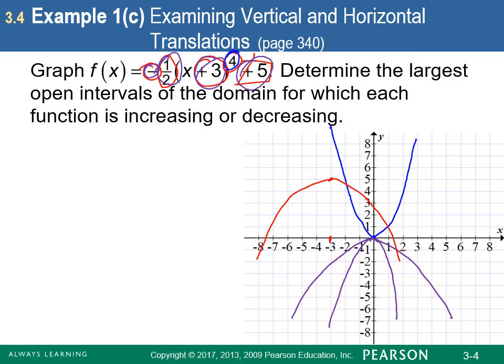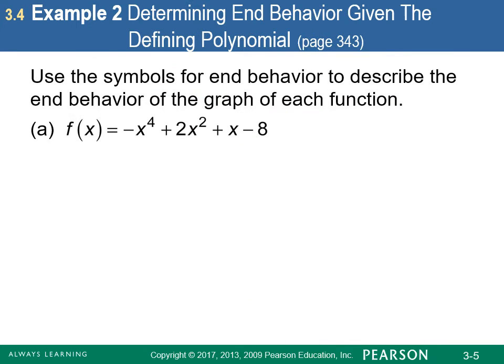Now we could just do this on our calculator. We just talked about this in the previous problem. X to the 4 is similar to x squared in that it looks like a parabola.